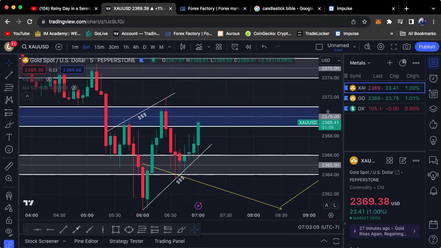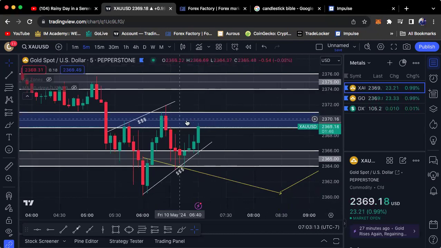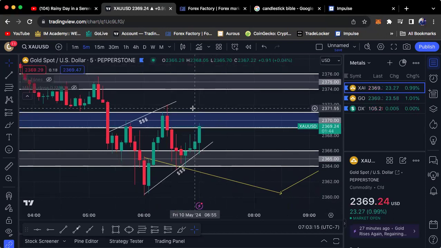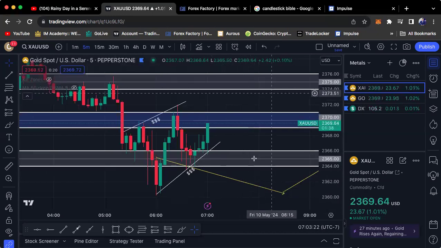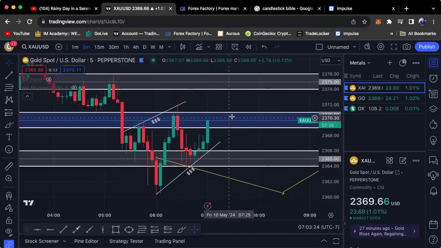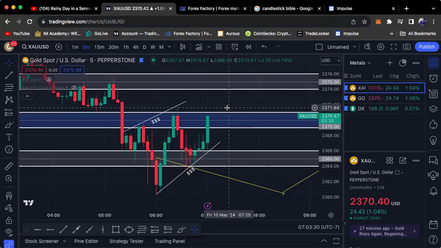I like to take my trades based off my hourly zones because there's stronger zones compared to my internal zones. And my internal zones can either be my stop loss or my take profit zones.